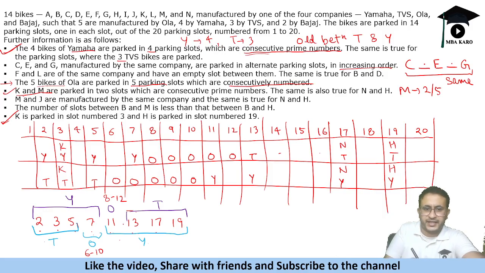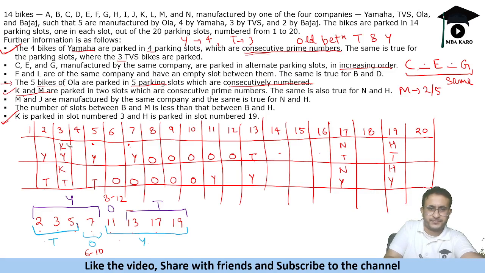Now let us look at whether it can be from TVS. So if you see TVS, this is 2, 3, 5 or 13, 17, 19, right? So it cannot be 5 bikes like this, 3 CEG and 2 more. Similarly, if you look at Yamaha, Yamaha is 2, 3, 5, 7. So if you put Yamaha on 3, 5, 7, that is not possible because it is consecutive, right?